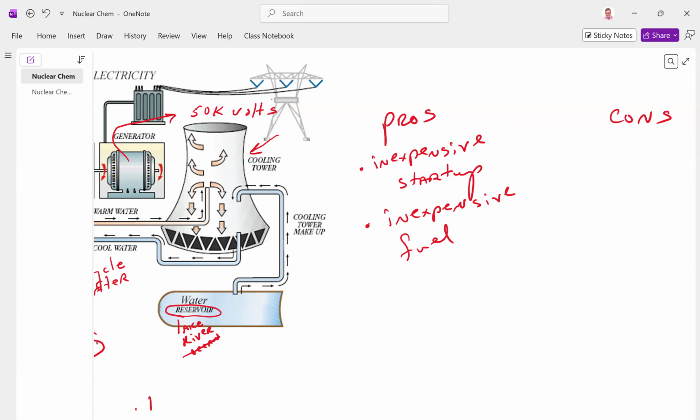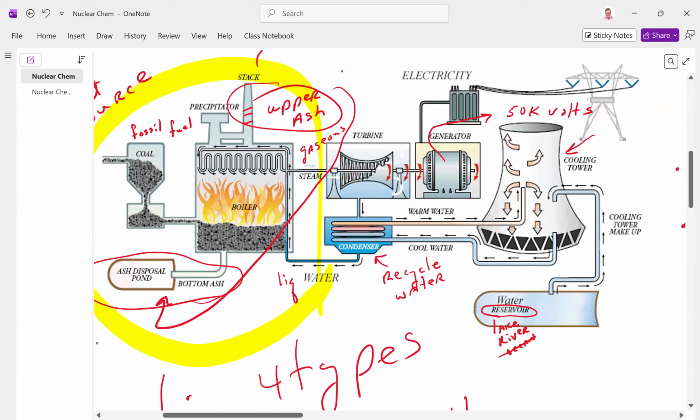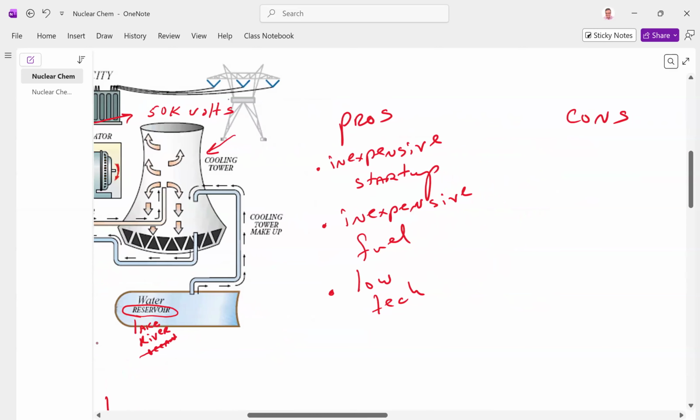Okay, so those are kind of pros. And also, as a pro, it's low tech. Probably the biggest technology hurdle is these scrubbers up here. That's where the most technology is built in.